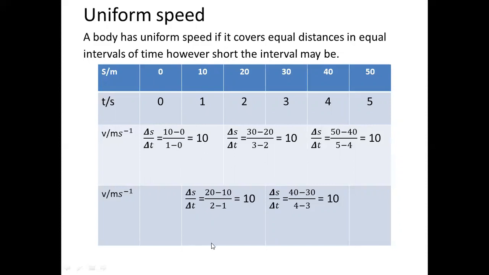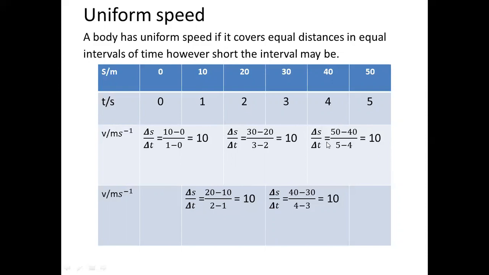This calculation shows the speed is again 10 for the time interval 1 to 2. When time is 2, the distance traveled is 20, and when time is 1, the distance traveled is 10. So using the formula, change in distance divided by change in time, change in distance is 20 minus 10, and change in time is 2 minus 1. Again, the answer is 10.